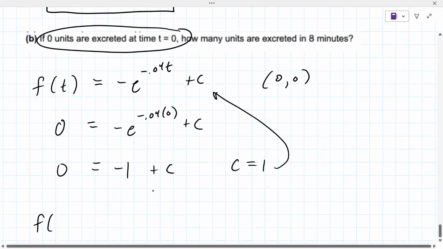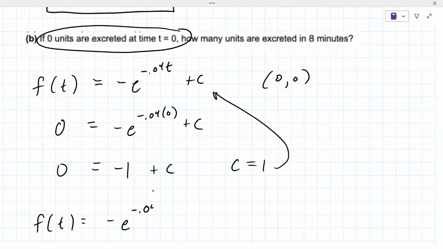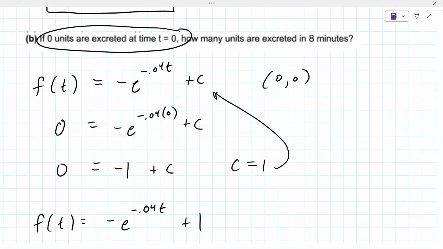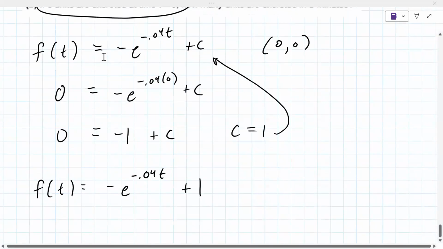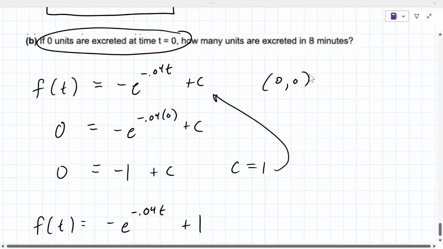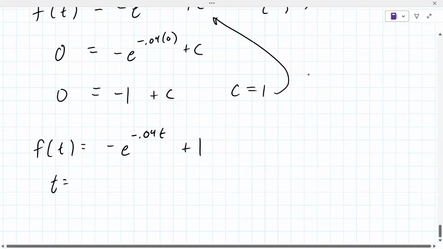So your f of t is actually, and this is why I don't quite understand this, because it seems like that would be the answer to part A with the plus 1 instead of the plus c. But yeah, I think I would just go with what I suggested there. For part B though, it asks about in 8 minutes. That's when t equals 8 minutes.